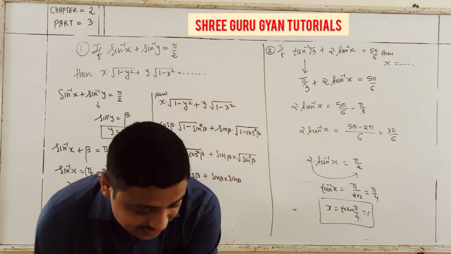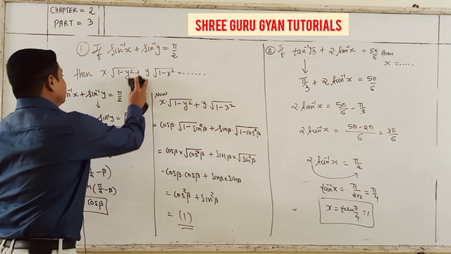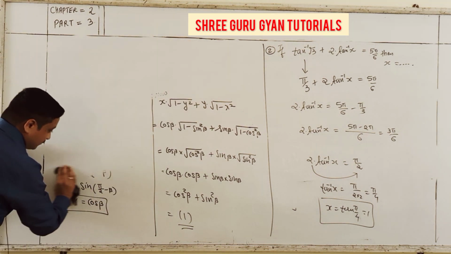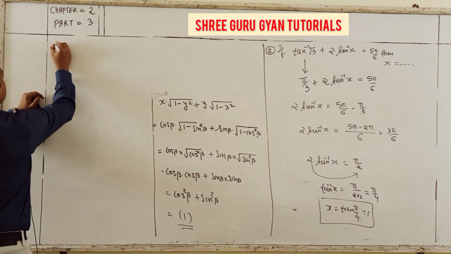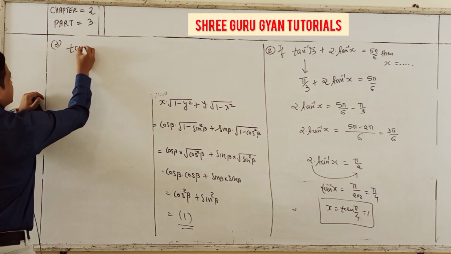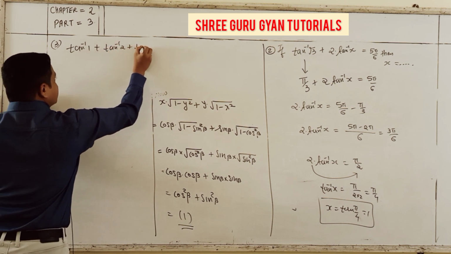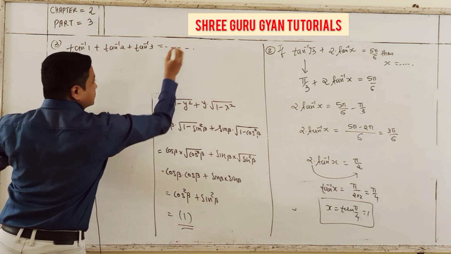Now moving towards our next part, the third one. Evaluate tan inverse 1 plus tan inverse 2 plus tan inverse 3 is equal to dash.